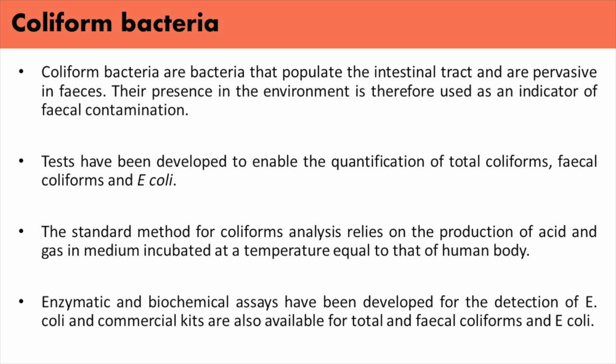Total and fecal coliform are not good indicators in tropical and subtropical climates. The standard method for coliform analysis relies on the production of acid and gas in a medium incubated at a temperature equal to the temperature of the human body.